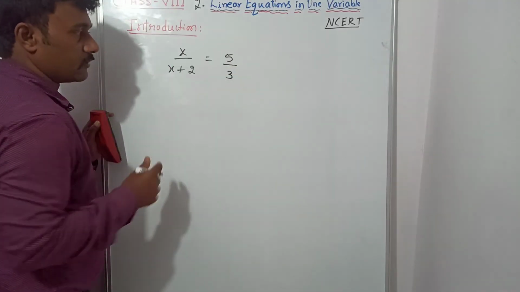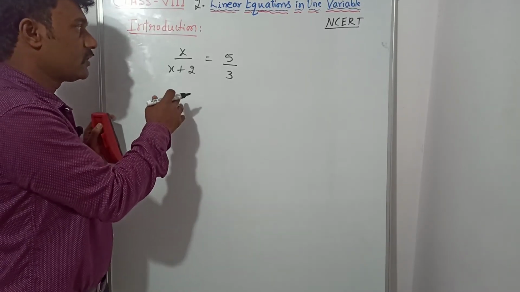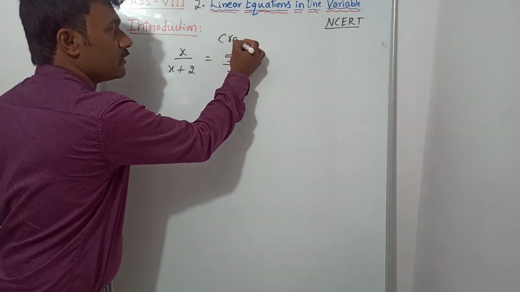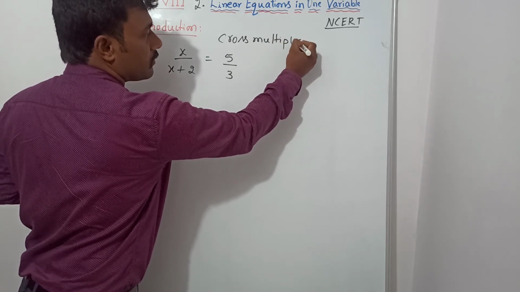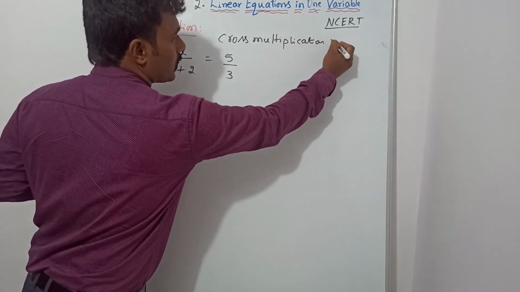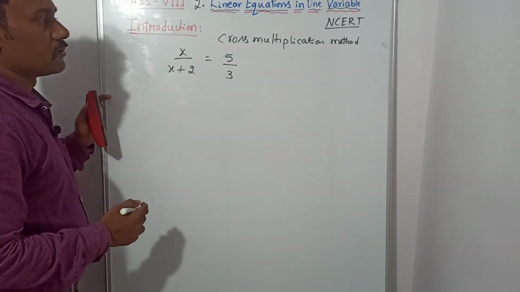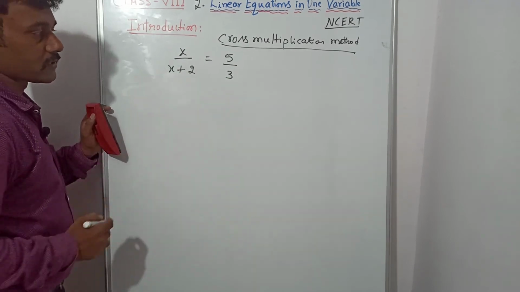This is how we can write it. Okay, this is the question. So we want to use the cross multiplication method in the next exercise.